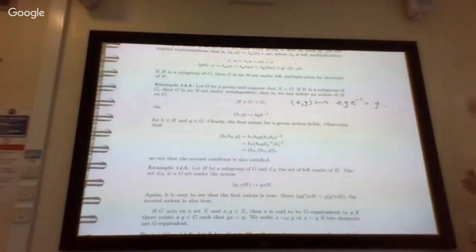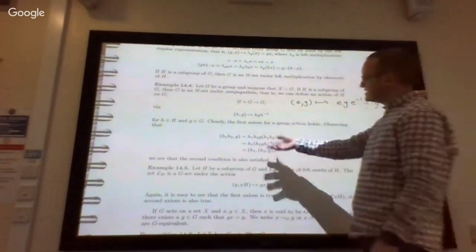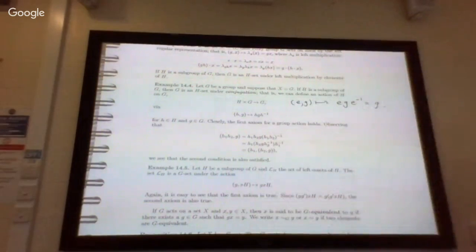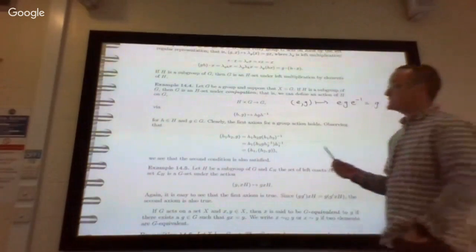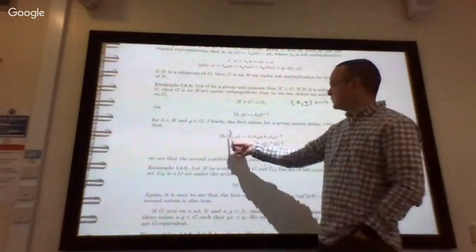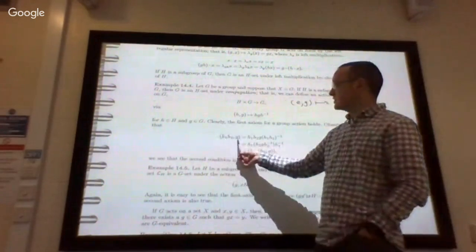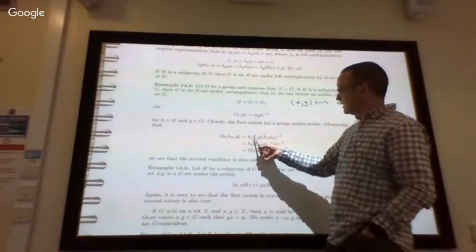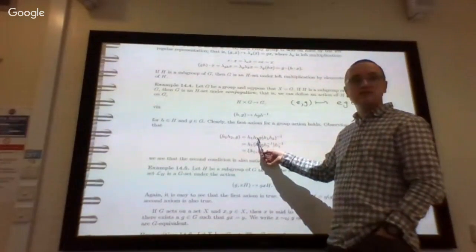The second property is for dealing with the product of any two elements. So that's proven here. To prove this just uses a combination of associativity and the property of taking an inverse of a product of two elements. So if we take two elements from the subgroup H, h1 and h2, and we look at the value of the function on the argument g, well, by definition, we conjugate by the product h1 h2.